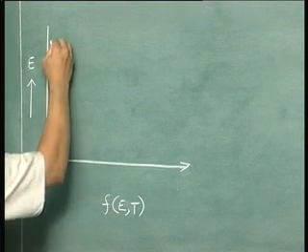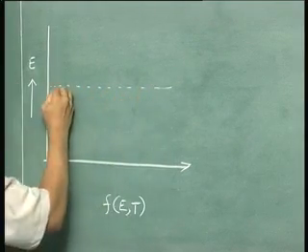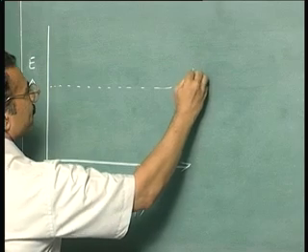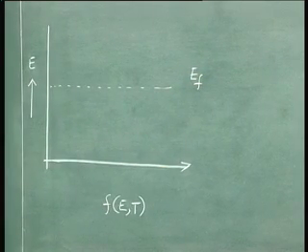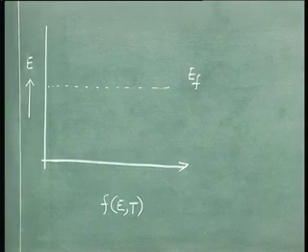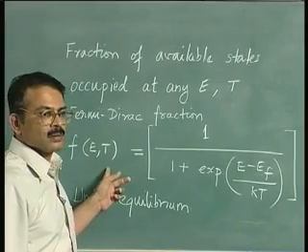The function would look something like this, if this is EF. For very high energies, for E tending to infinity, the fraction goes to 0.